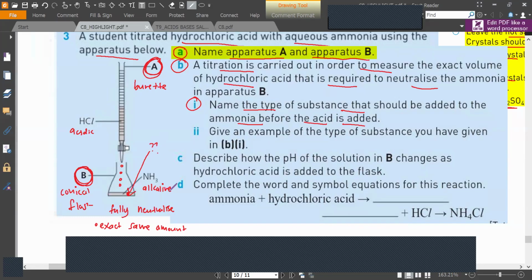Try to think about that. Every time we do titration, what do we need to add?